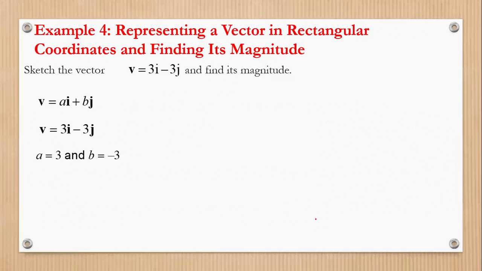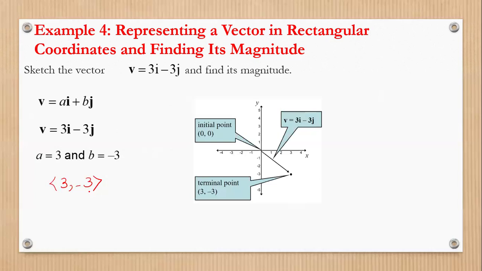So a is +3, b is -3. Now what do we do? We need to sketch. We need to find the point where x is 3, y is -3, and then sketch the vector starting from the origin. So (3, -3) is this point.